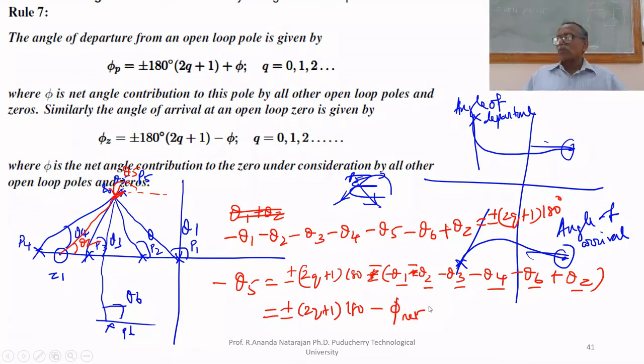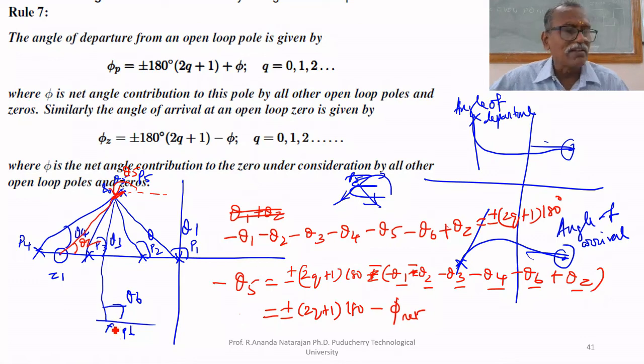That's all. So I can find theta 5 simply by finding phi net.